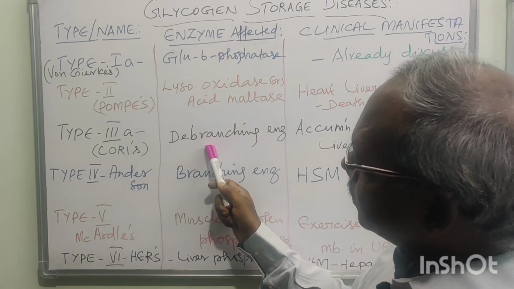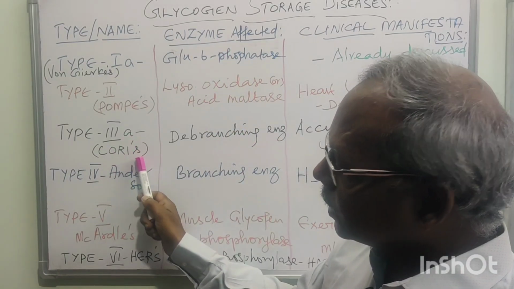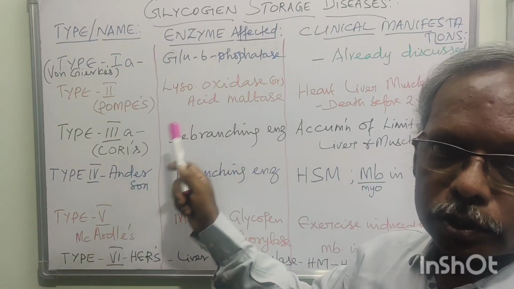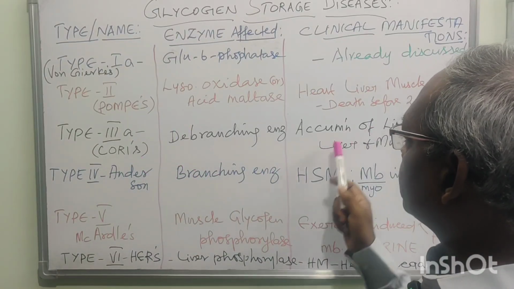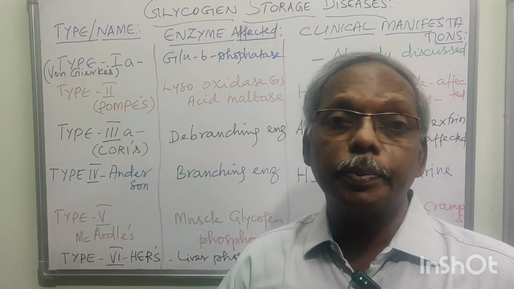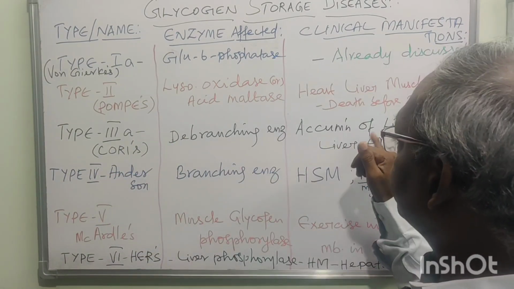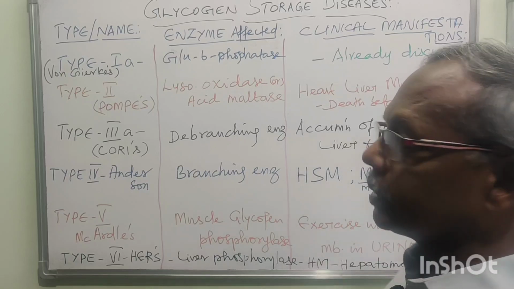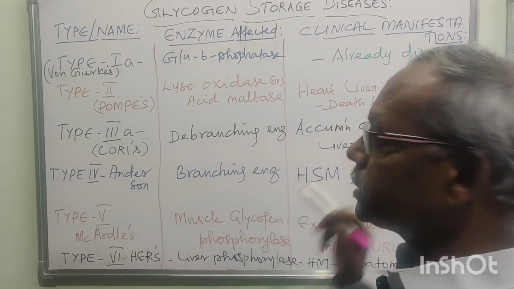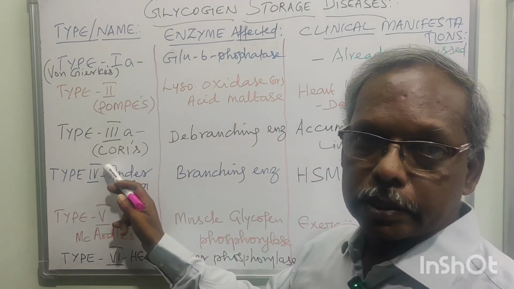Due to the defect of the debranching enzyme, the type is 3A and the name is Cori's disease. Here the problem is accumulation of limit dextrin, and liver and muscle are also affected.